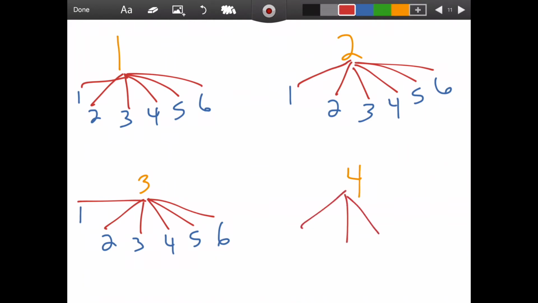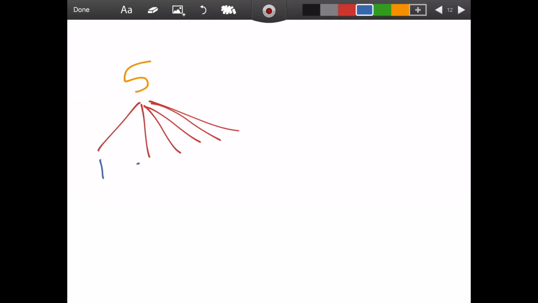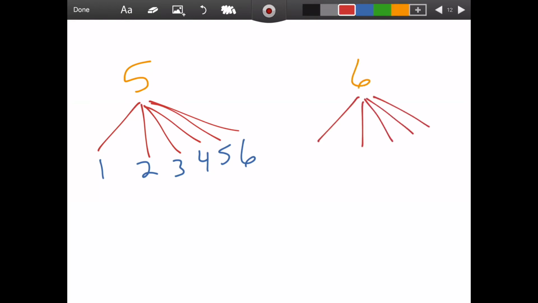We could have a 1, 2, 3, 4, 5, and 6. With a 5, we could have a 1, 2, 3, 4, 5, 6. And then finally, with a 6, we could have a 1, 2, 3, 4, 5, 6.